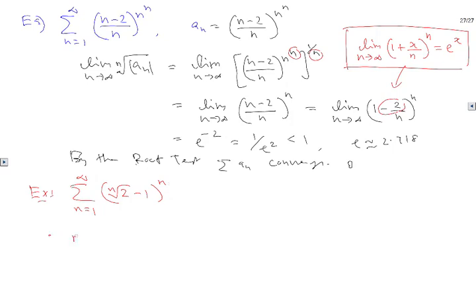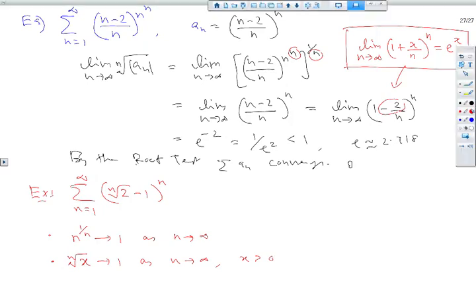We know that the nth root of n goes to 1 as n goes to infinity, and also for any number x the nth root of x goes to 1 as n goes to infinity, but here we assume that x is positive. You might need one of those results here. Okay, so that is the end of the root and the ratio test.